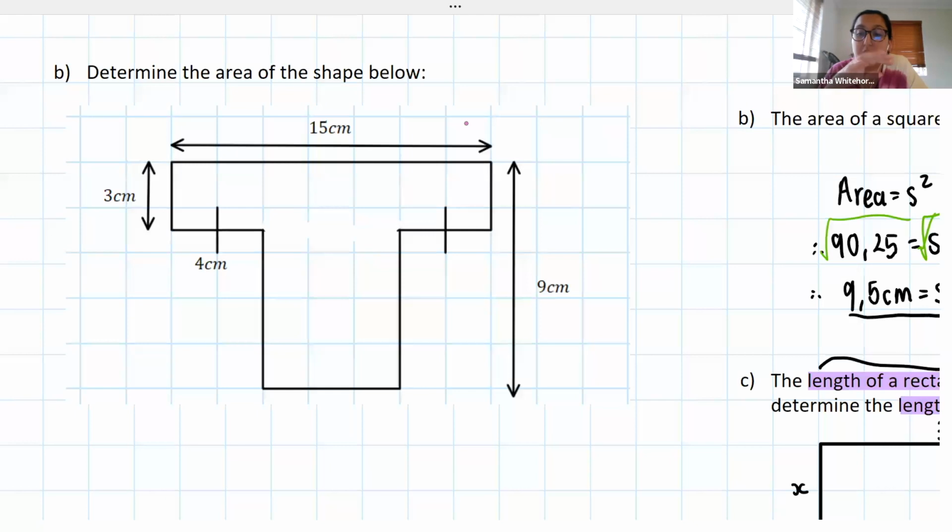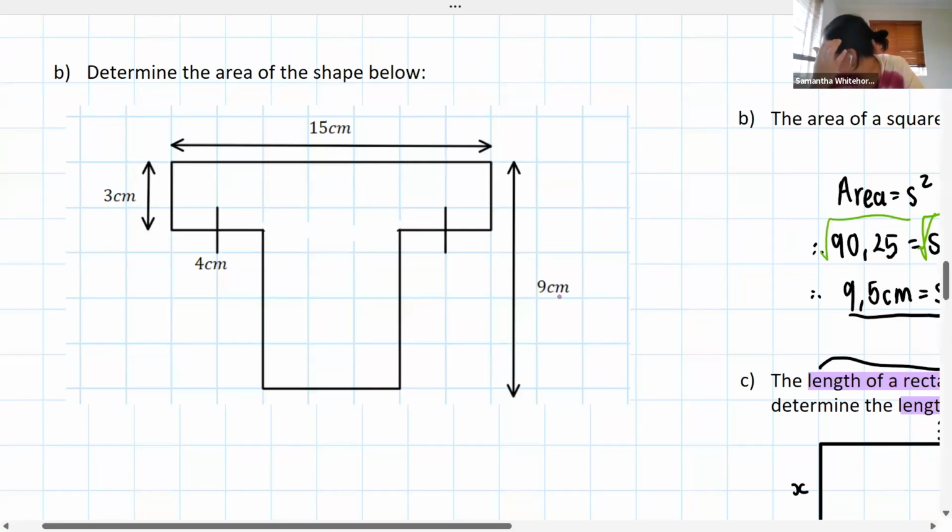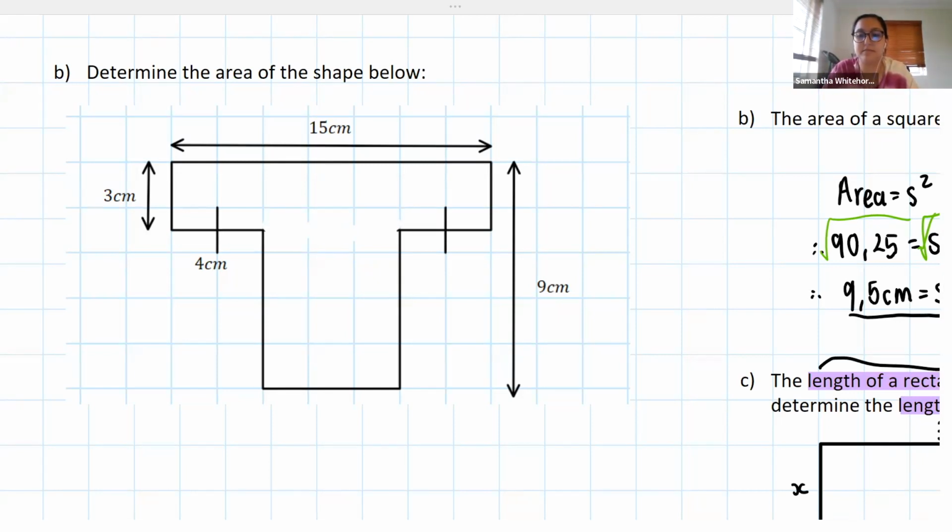I will try and point out the different ways that we can do it before we start, but there are a couple different ways that you can deal with this. I'm going to give you another 2 or so minutes.